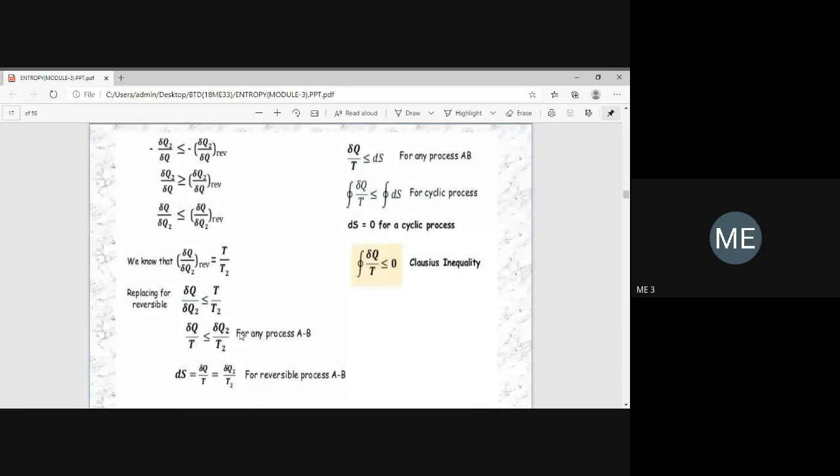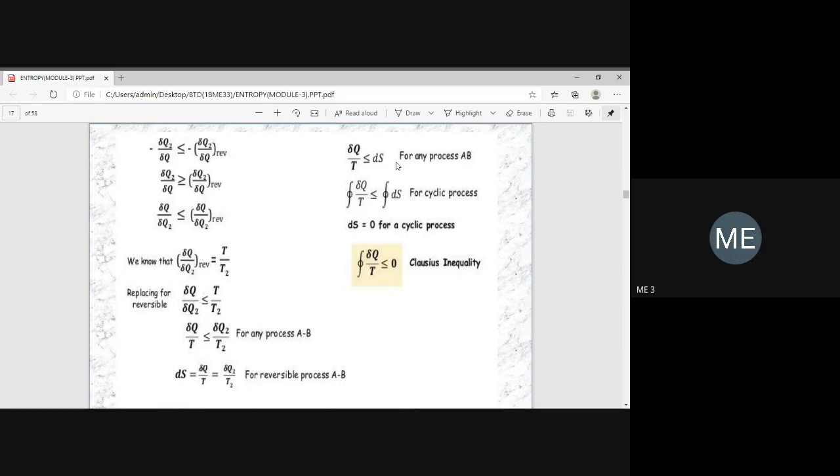So we can write dq by T is less than or equal to dq2 divided by T2. According to the entropy formula, we can replace the right hand side term with ds. That is, dq by T is less than or equal to ds for any process AB.